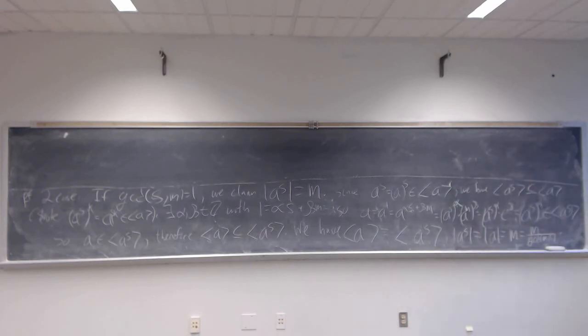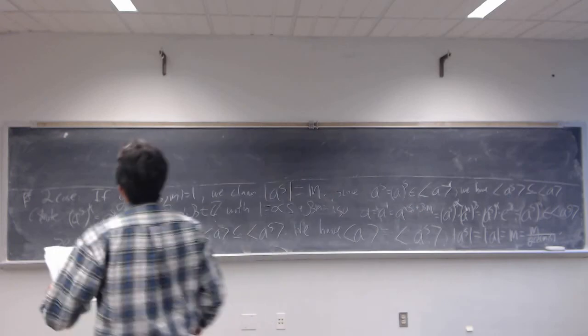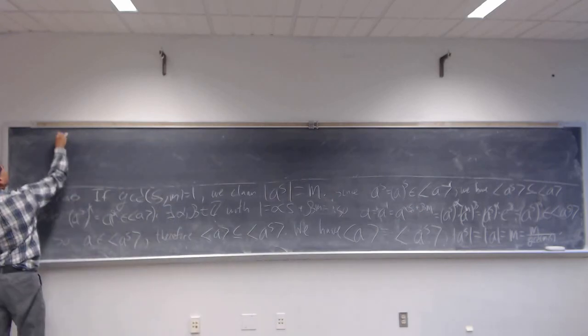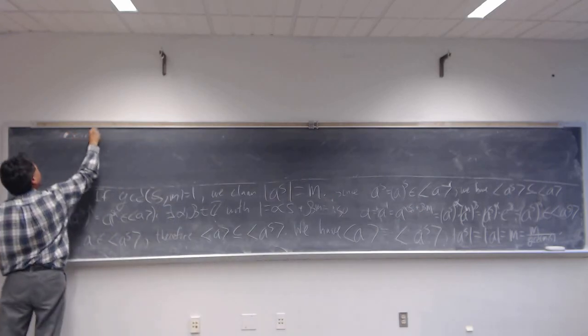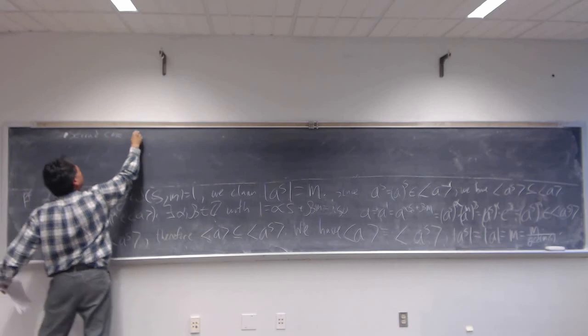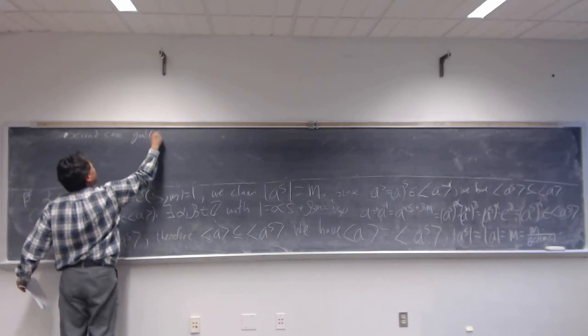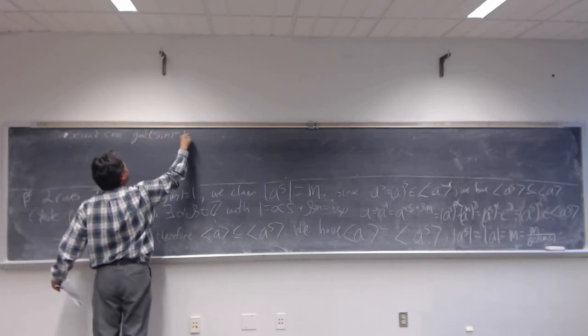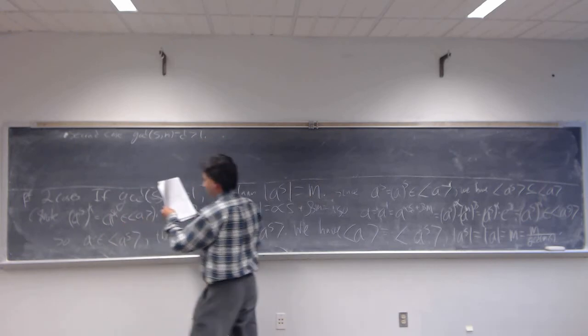I'm looking through the notes here, this should be strictly greater than 1, not 0. So let's look at case 2. So second case, the GCD of S and M is some number D, which is strictly greater than 1.